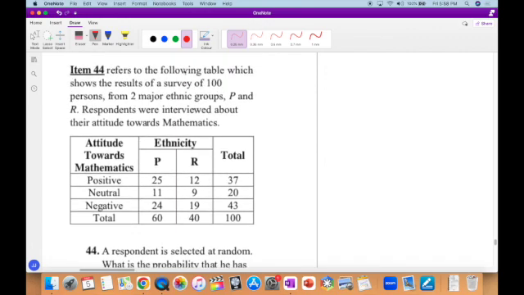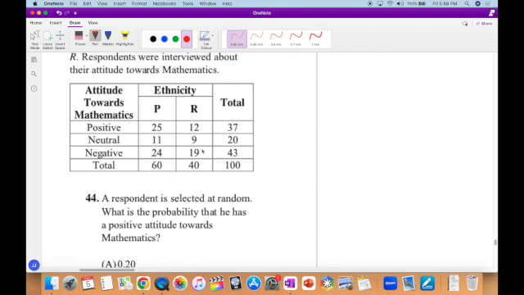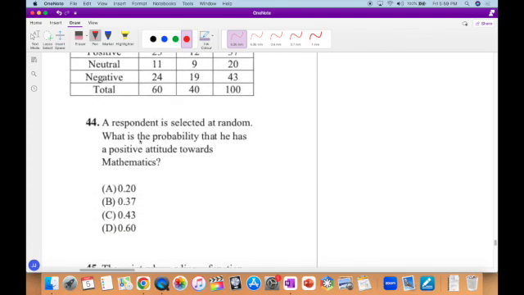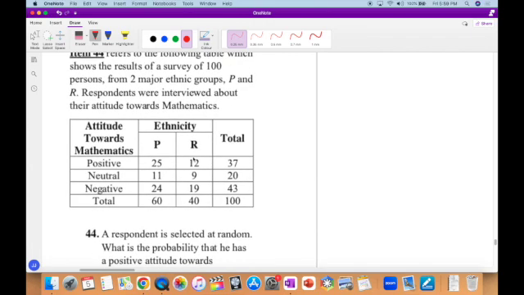44 refers to the following table, which shows the results of a survey of 100 persons from 2 major ethnic groups. Respondents were interviewed about their attitude towards mathematics. The respondent is selected at random. What is the probability that he has a positive attitude towards maths? So these are the 2 ethnic groups.